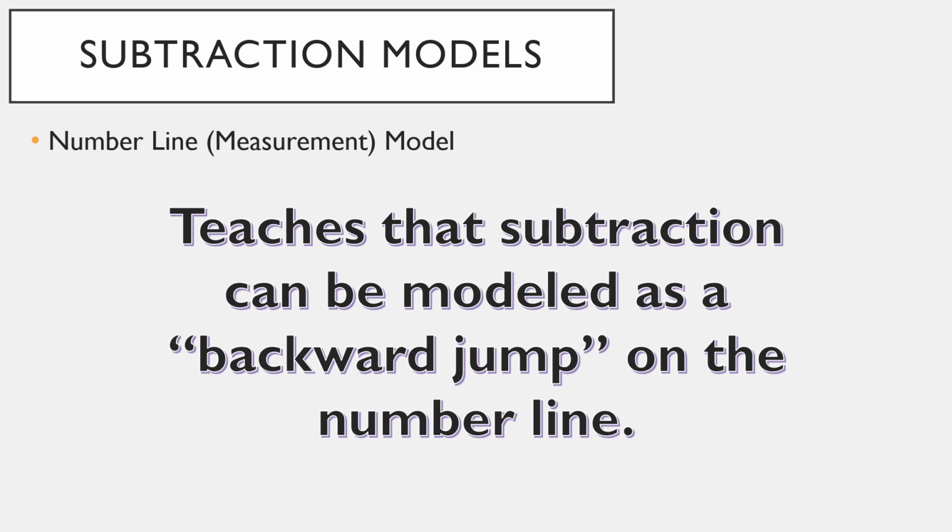This model helps students visualize what's happening when we perform subtraction, and it's noted in your textbook that this is particularly useful for small numbers, so not as useful when you are subtracting large numbers. And we as the teacher must emphasize that we're making one jump for every count.